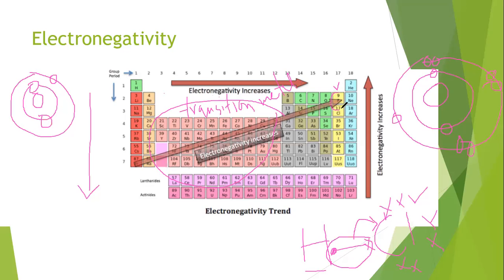Fluorine is the highly electronegative atom, and francium is the highly electropositive atom and the lowest electronegative atom. Similarly, fluorine is the lowest electropositive atom. So the trend of electronegativity increases when you move from francium to fluorine, making this diagonal. Because there is a change in the trend of electronegativity in transition metals.